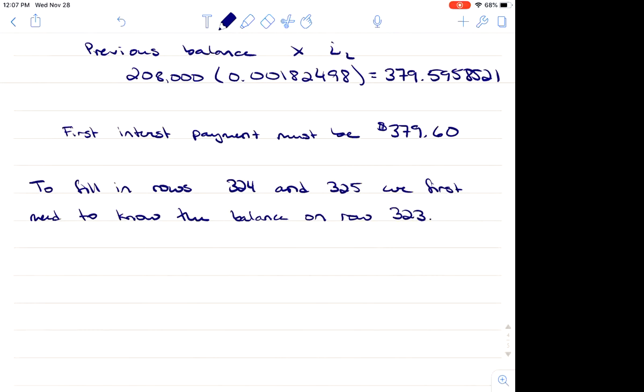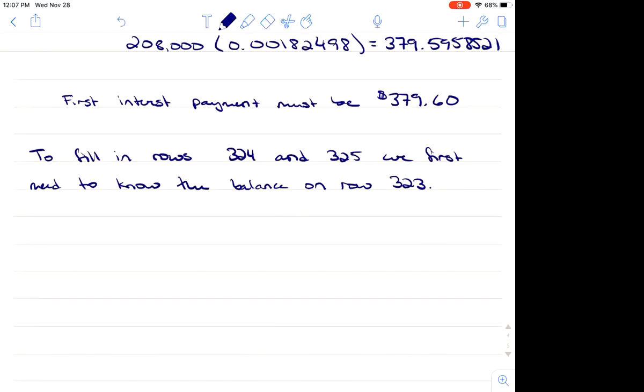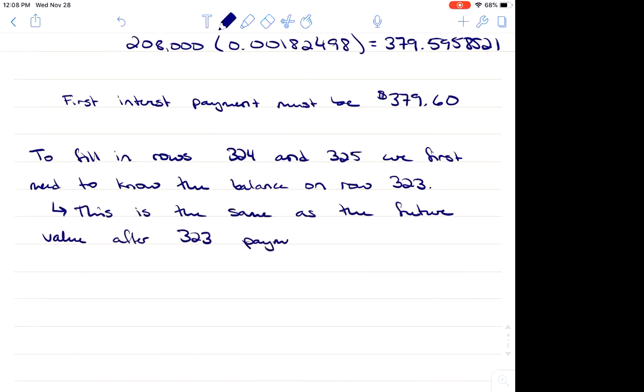This is the same as the future value after 323 payments. And this is where I would recommend just using your calculator.